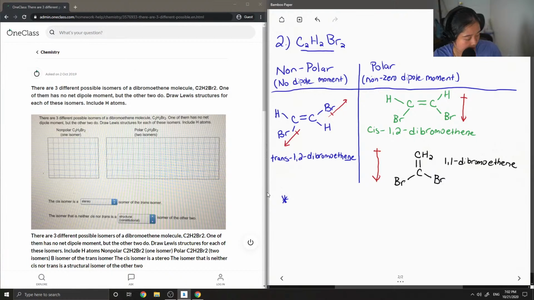Okay, so let me write down some definitions here. So cis and trans are stereoisomers.